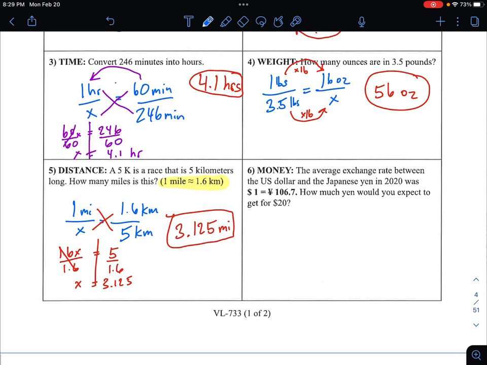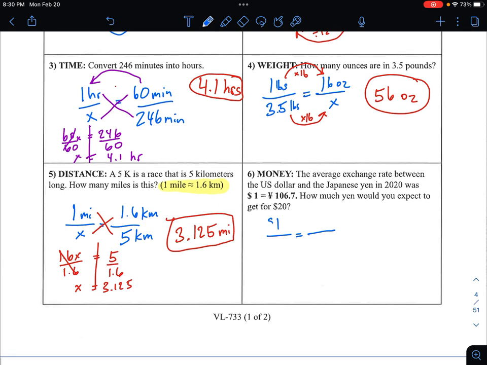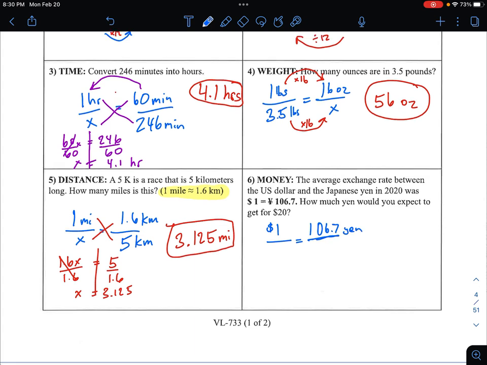So this is one where you may be tempted to say, ooh, I don't know whether I multiply or divide. So we take our proportion, we set it up, and I say $1 is 106.7 yen. I guess I can write yen if I'm comfortable. Or if you're not comfortable with that, you can put the Y with the 2 lines on it. I'm going to go ahead and write yen.